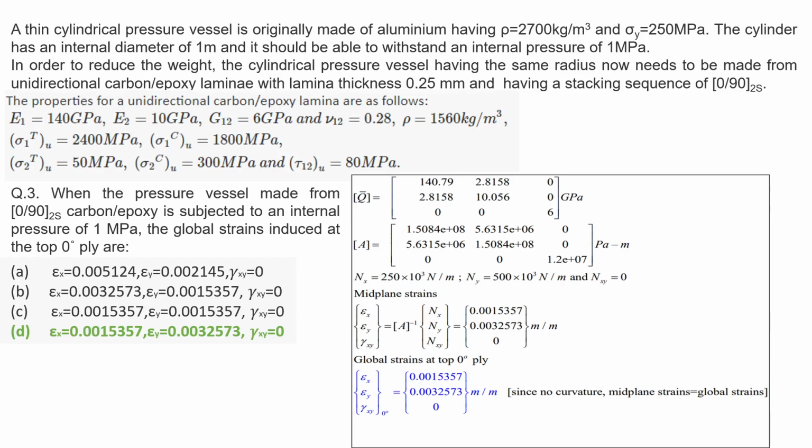We have already solved this with the same data till we found the global strains. Since there is no curvature, the global strain will be equal for all the plies.